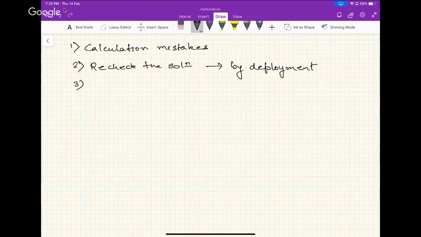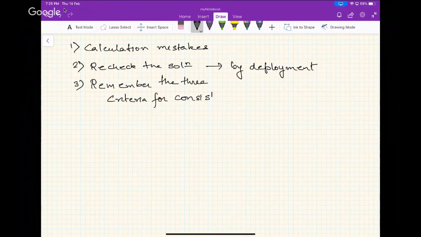Third, remember the three criteria for consistency. Consistency means whether the solution exists or not. Remember the three cases. A1 by A2 is not equal to B1 by B2: this is for one solution.